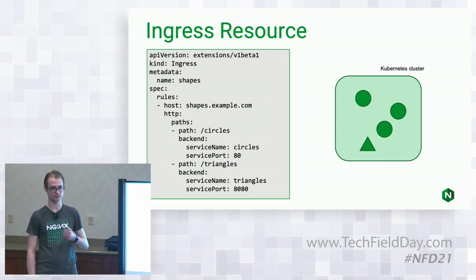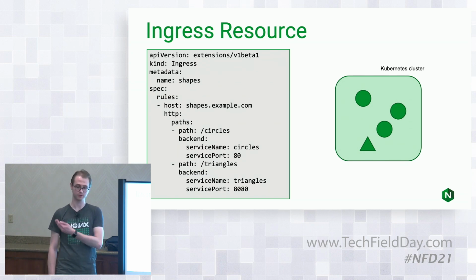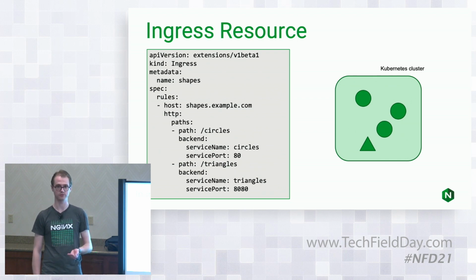Kubernetes comes with a load balancing configuration called the Ingress Resource. On Kubernetes in general, your interaction with a cluster involves creating different kinds of resources: resources to deploy applications, resources to deploy secrets, such as TLS certificates. And one of the resources is the Ingress Resource.